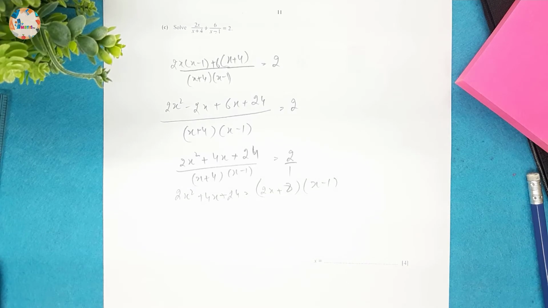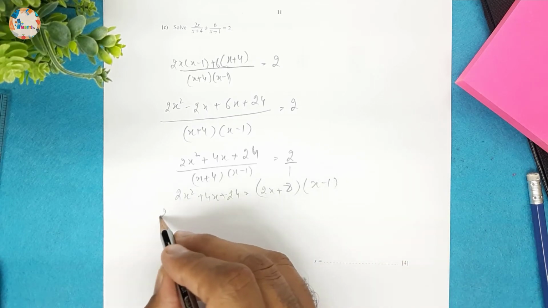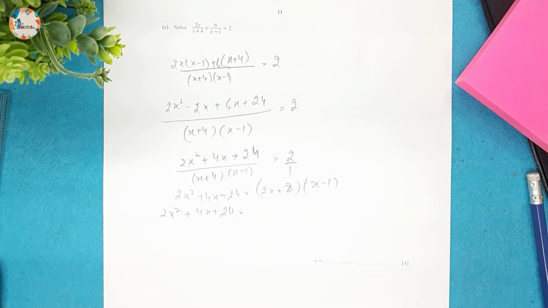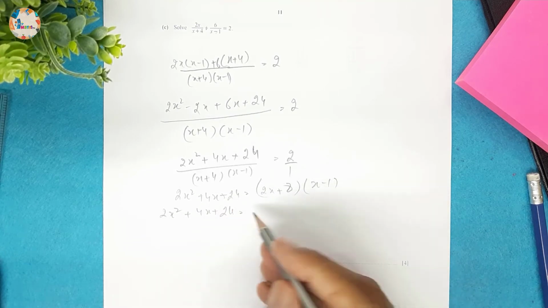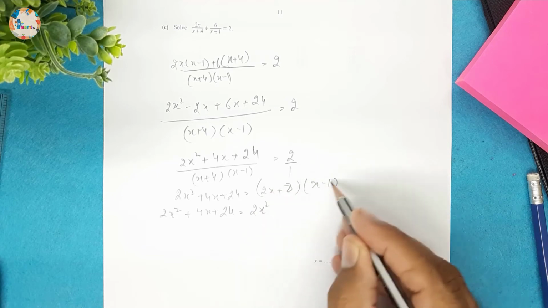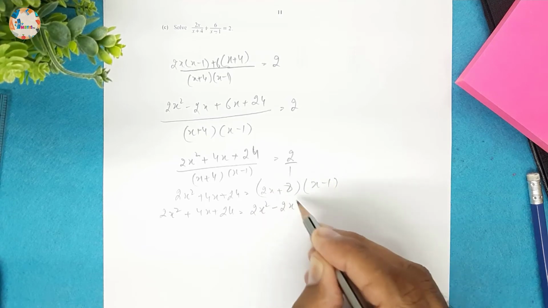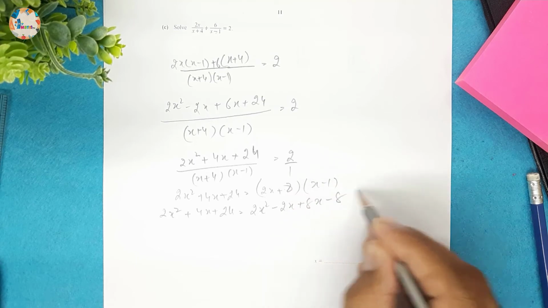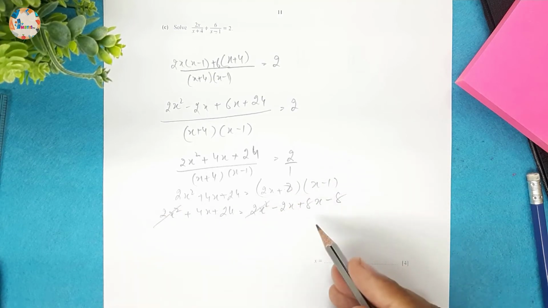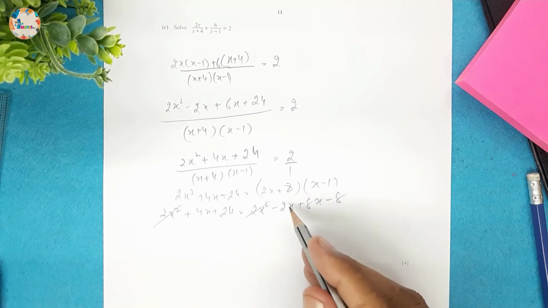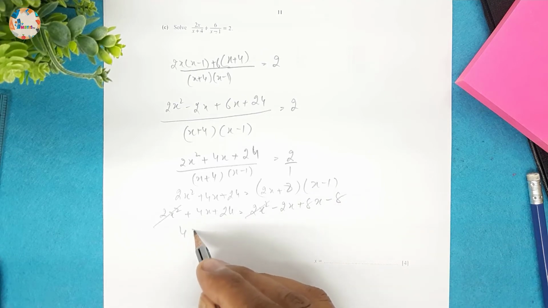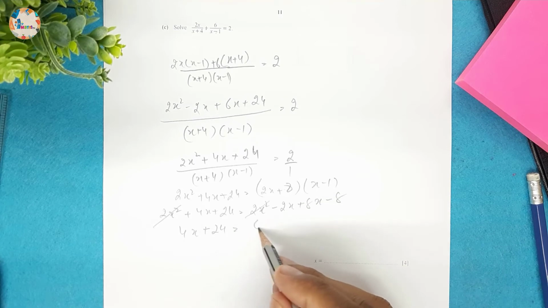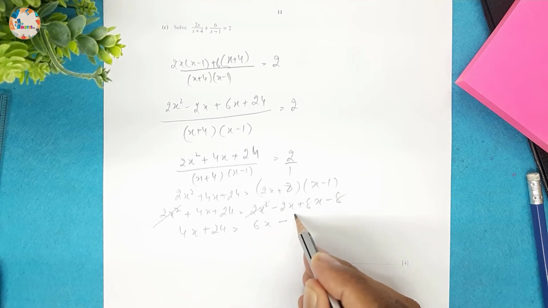further we can open this side will remain same. 2x squared plus 4x plus 24 will be equal to 2x into x will be 2x squared, and 2x minus 1 will be minus 2x. This into this will be plus 8x. This into this will be minus 8. We can cancel these two, and we can rewrite 4x plus 24 is equal to, this will be 6x and minus 8.